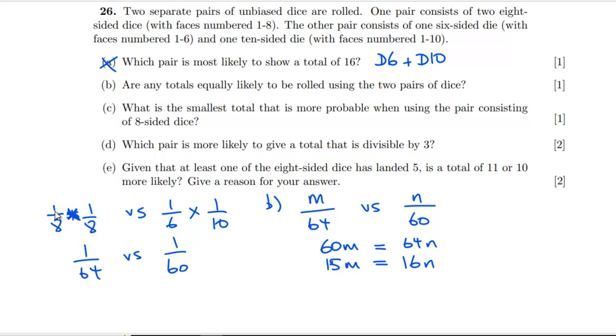So we need a particular total which is going to have the same probability. M and n have got to be integers. So the lowest one you can get then is n is 15 and m is 16.